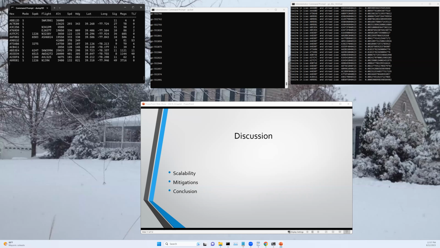Another key implication for air traffic management is that a decade's worth of ADS-B data and detection for a particular ground station can fit on servers that are currently available. Thank you.